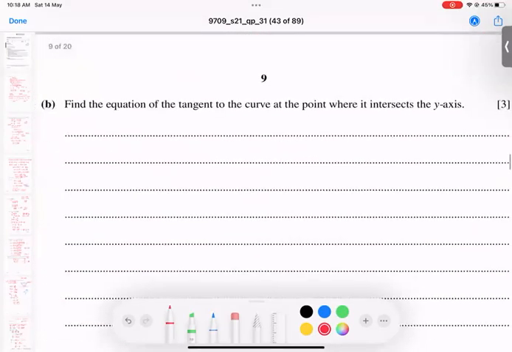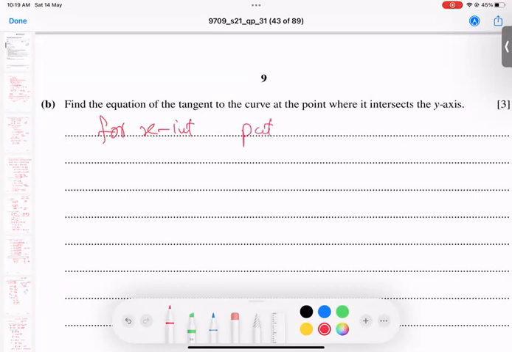So let's talk about the next part: find the equation of the tangent to the curve at the point where it cuts the y-axis. Very interesting. For the x-intercept, I must put y as 0.